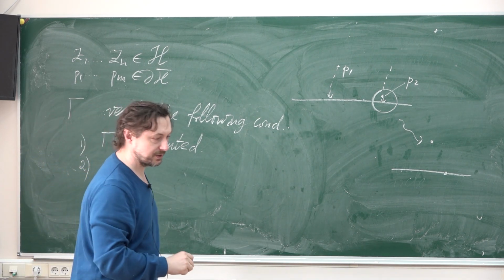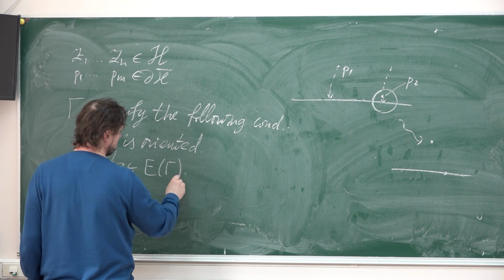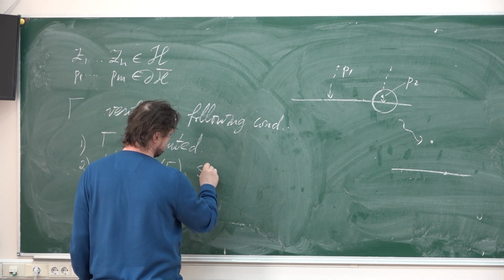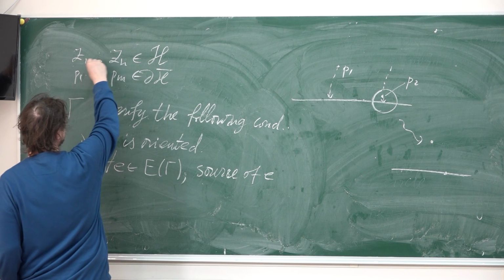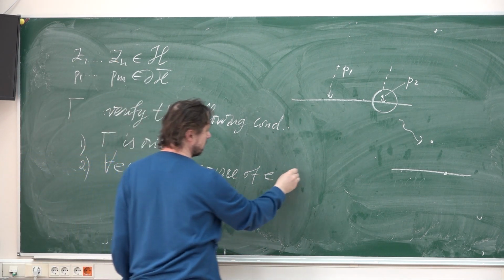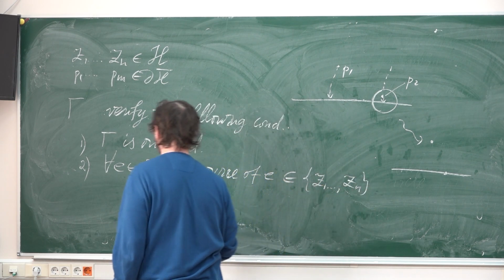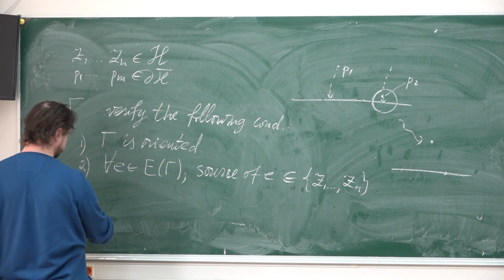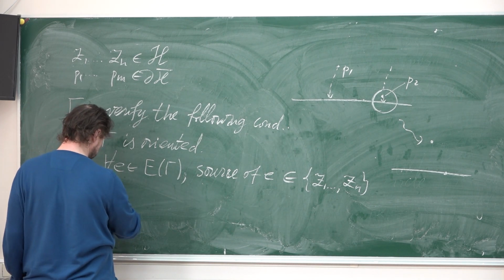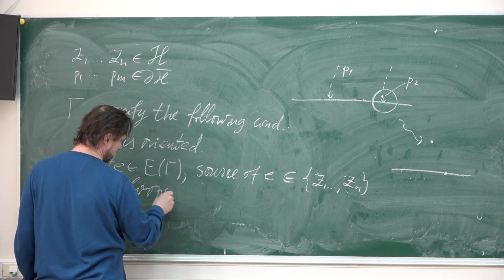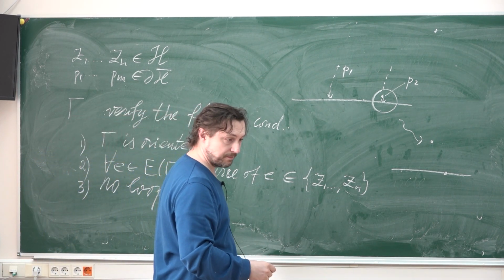Second, for every edge of this graph, its origin, its source, will be one of the points z1 through zn. Three. No loops, no multiple edges.